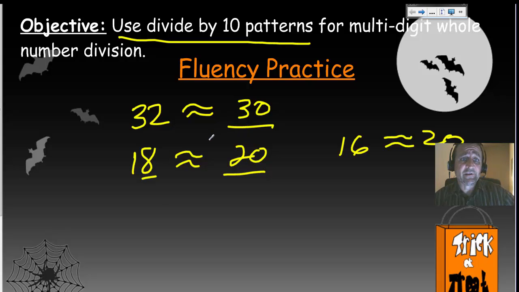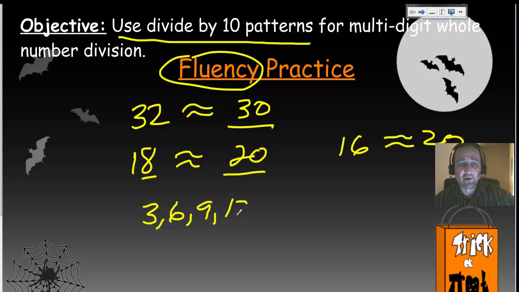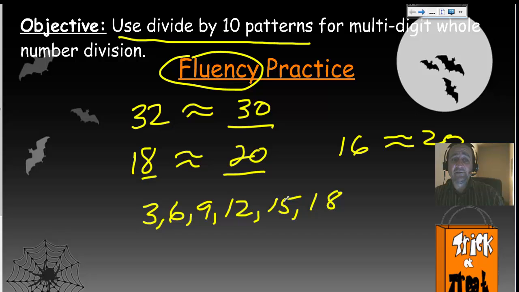But we are going to take it a little bit beyond that, because you're thinking, boy, Mr. Wara, for fluency practice, this is kind of easy. Well, let's do the multiples of 3. Pretty simple. Hey, look, Mom, I'm counting by 3s. Yes, except could you count by groups of 3, but using powers of 10?